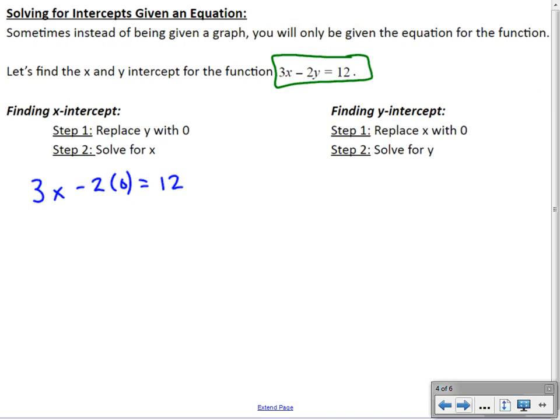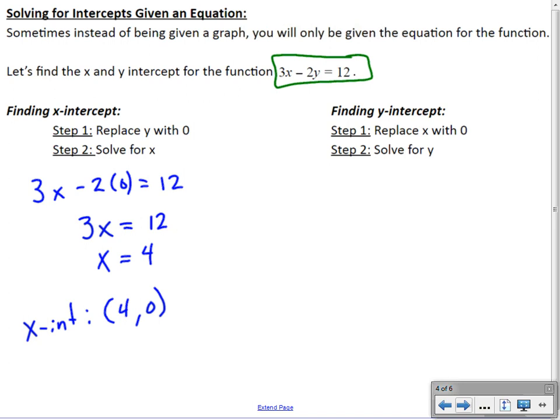Now, 2 times 0 here is 0, so our equation really turns into 3x equals 12. We divide by 3 and find that x is equal to 4 when y is equal to 0. Our x-intercept, we can then say, is the point 4, 0. Similarly, for the y-intercept, we can substitute 0 in for x and solve for y because we know a y-intercept always has an x value of 0.